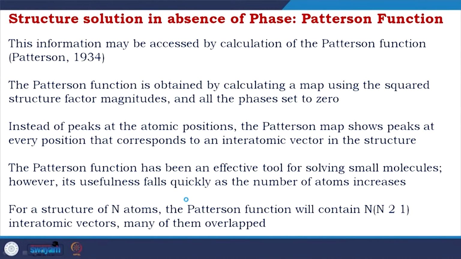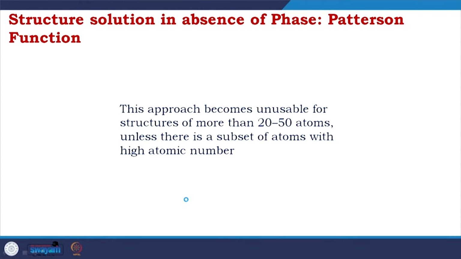For a structure of n atoms, the Patterson function will contain n squared minus n interatomic vectors, many of them overlapped. This approach becomes unusable for structures of more than 20 to 50 atoms unless there is a subset of atoms with high atomic number.